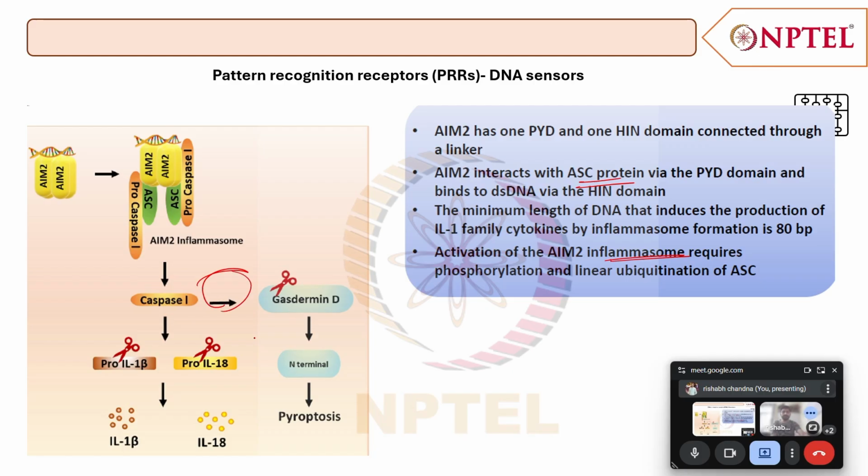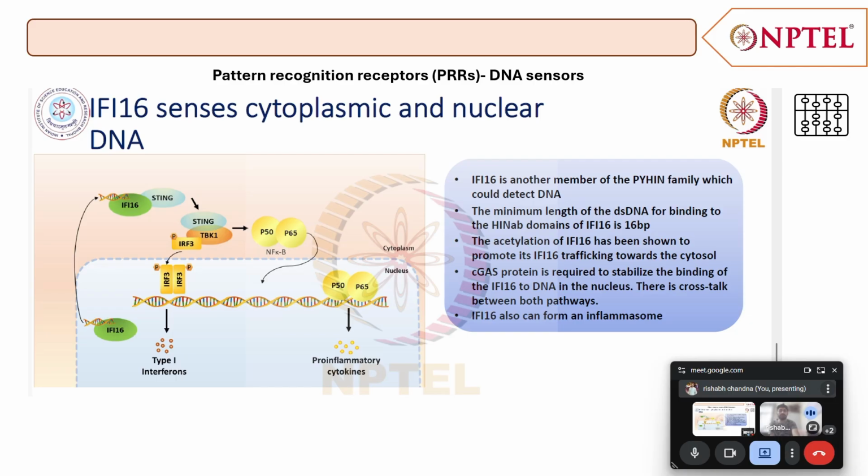So this can lead to the production of IL-1 beta and IL-18. So these are also inflammatory cytokines, as well as it can lead to the production of gasdermin D. So that leads to pyroptosis. Okay, so this is how different DNA sensors work.